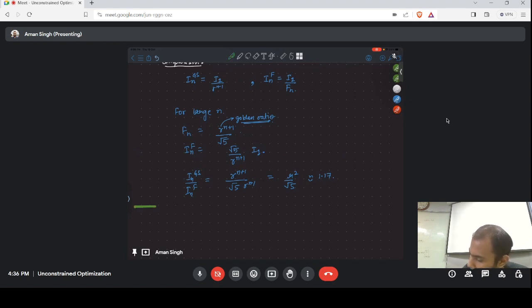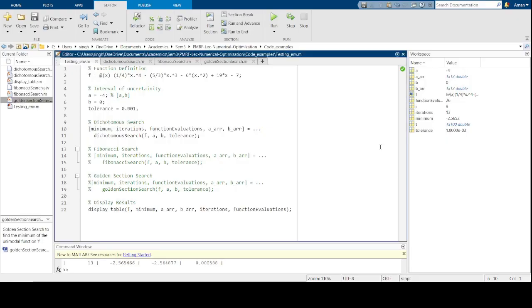Now let's look at some programming examples in MATLAB of the algorithms that we have learned today. Here is a file known as the testing environment in which we'll test our algorithms.